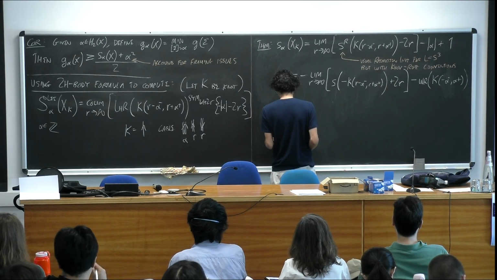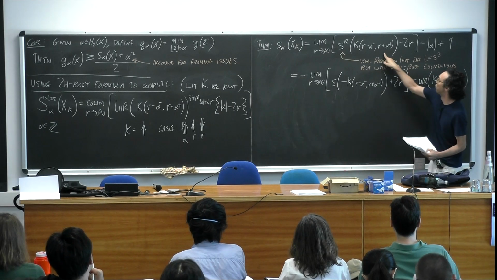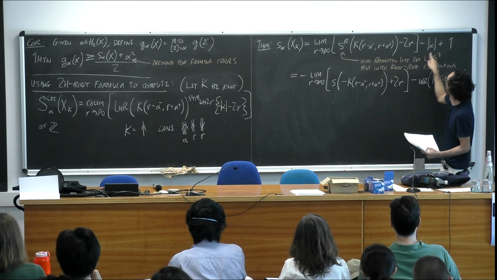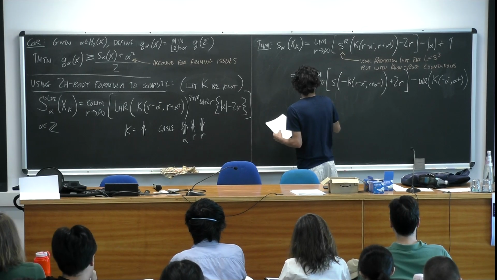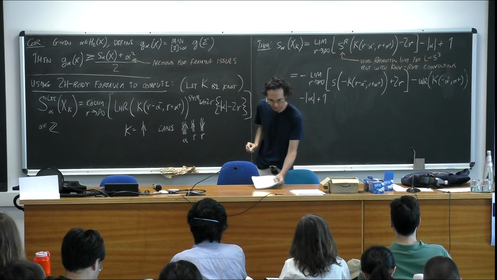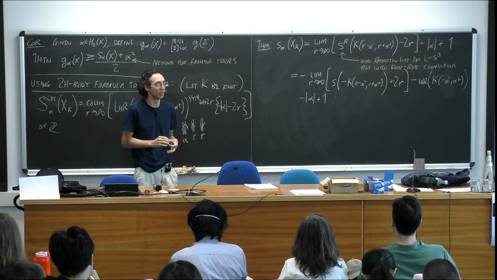There's also a shift. Oh yeah, this shift. This part was essentially just fixing this, and that is still there. So if you want, you can compute this as limits of usual S invariants.